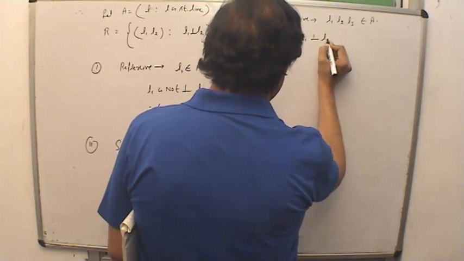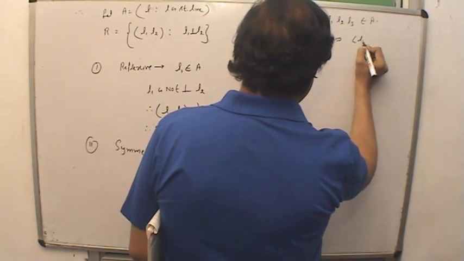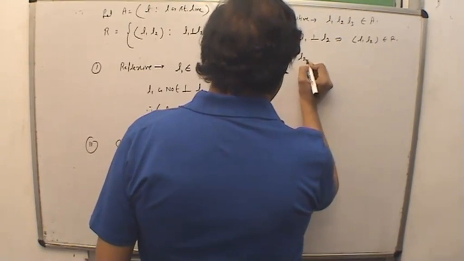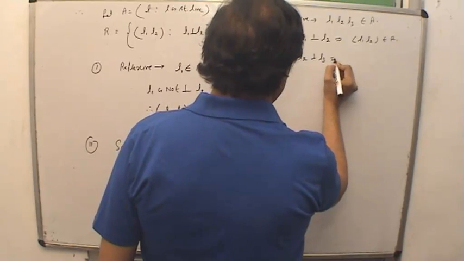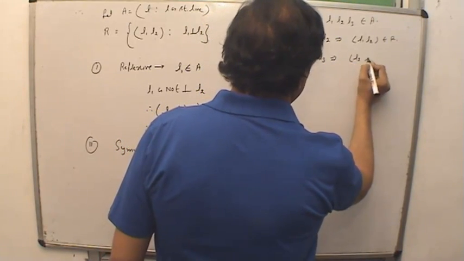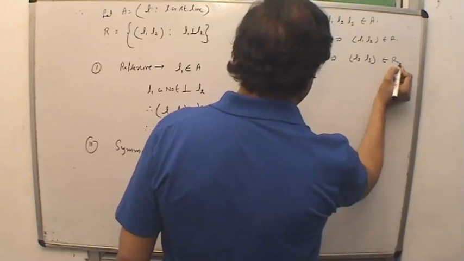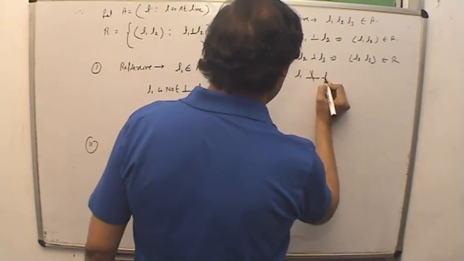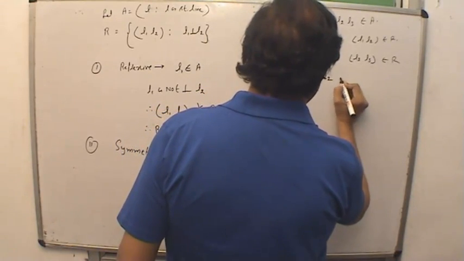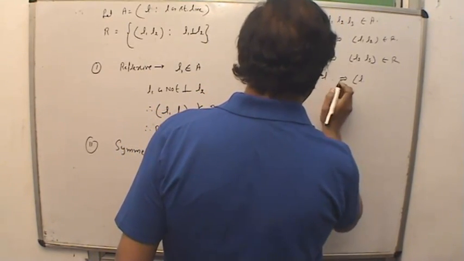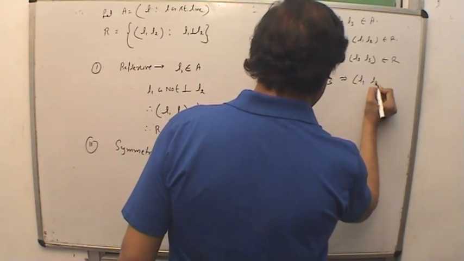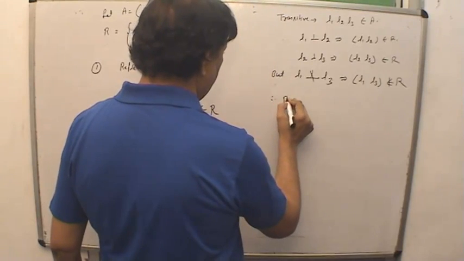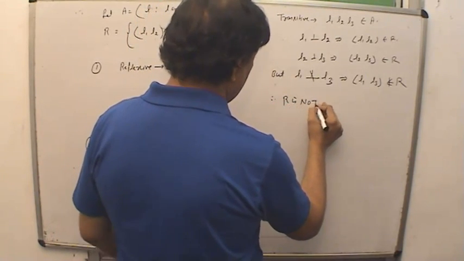L1 is perpendicular to L2. This implies L1, L2 belongs to R. L2 perpendicular to L3. This implies L2, L3 belongs to R. But L1 is not perpendicular to L3, so we can say L1, L3 do not belong to R. Therefore, R is not transitive.